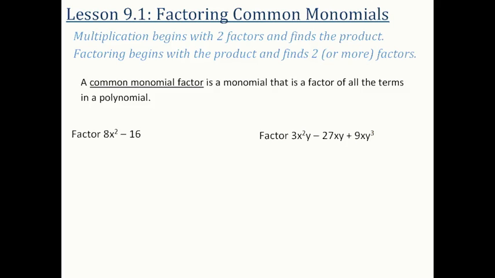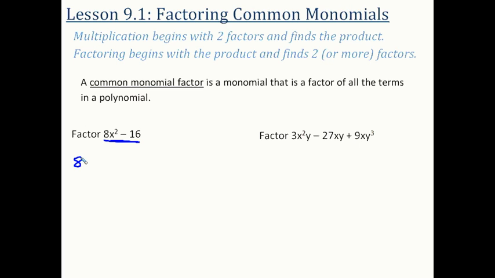Looking at this first one, we have 8x squared minus 16. Do you see any common factors in there? Well, 8 is a common factor because 8 goes into 8 and 8 goes into 16. We have an x squared in the first term, but no x's in the second term. So 8 is our common factor.